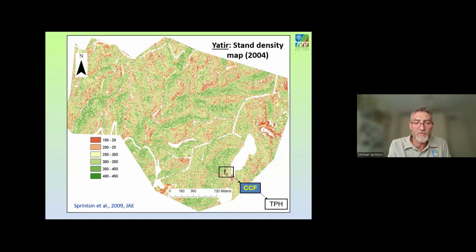We calculated canopy cover and then relative density measures, and through it we came to trees per hectare. Of course, comparing to ground surveys and so on. The study was published quite a while ago.